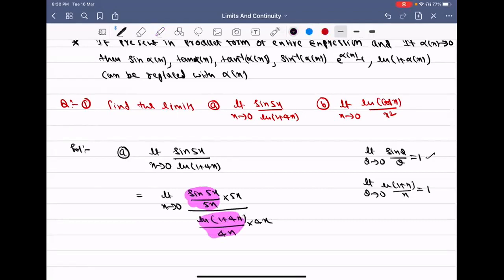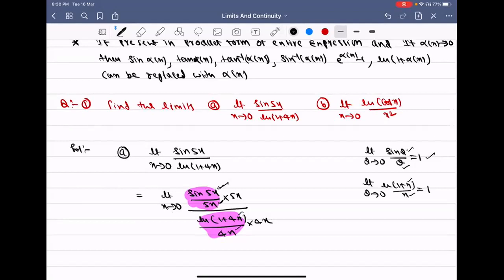Yes, both the arguments are the same, and both tend to 0. As x tends to 0, this goes to 0 and this goes to 0. Therefore, you can replace sin 5x over 5x by 1. Similarly here also, 4x and 4x, and as x tends to 0, 4x also tends to 0.